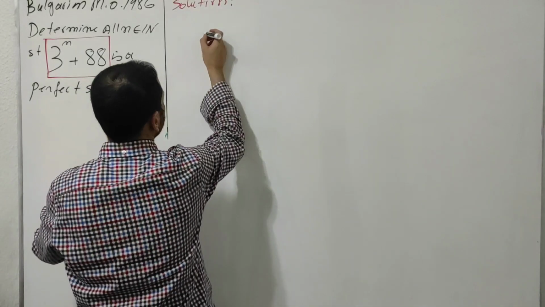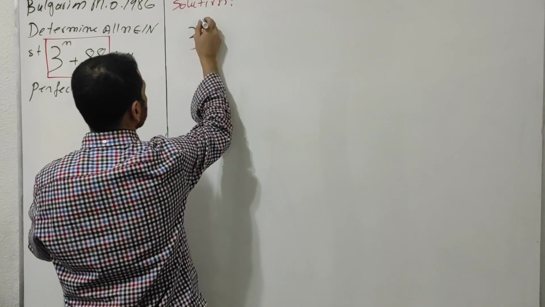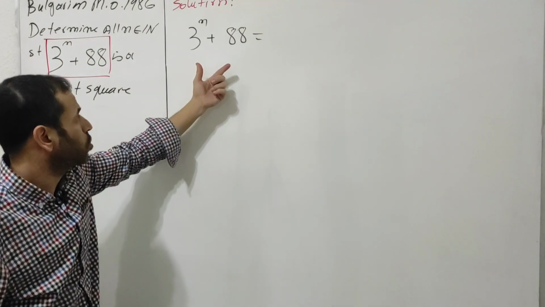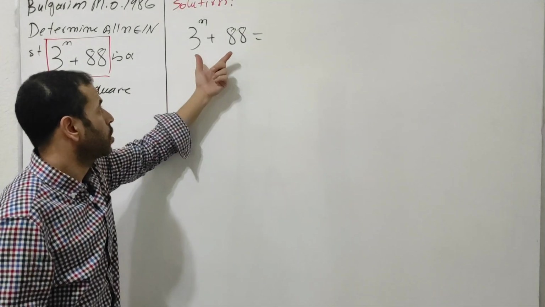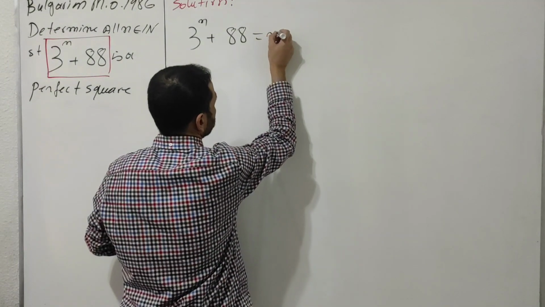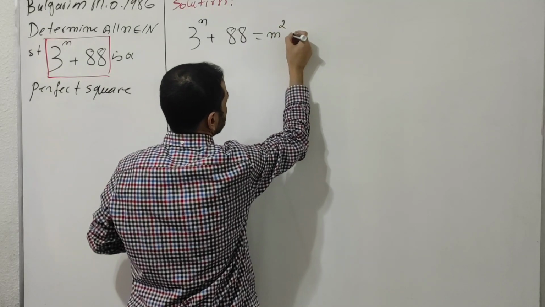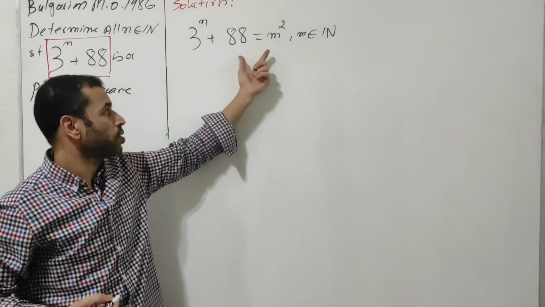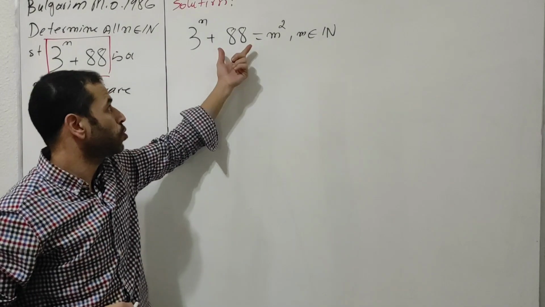So we have 3 to the n plus 88. In order to have this term as a perfect square, I'm going to set it equal to m squared, where m is a natural number. Before I start solving this, I'm going to check the parity.